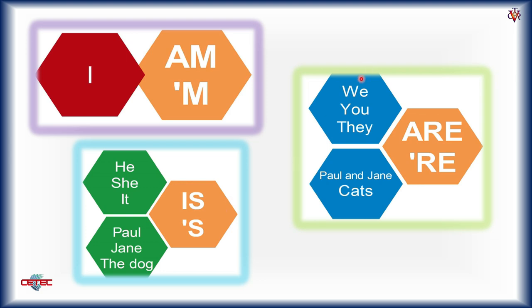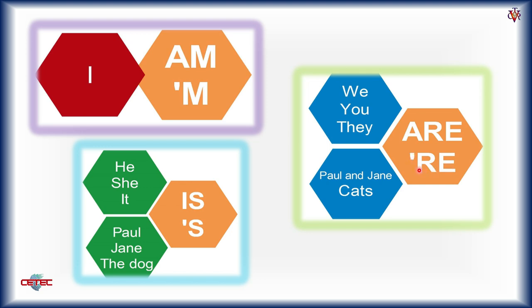We, that means you are included. Paul and Jane, and me, we are. You, plural, you are. They are. And here, for example, cats, it's plural. Now, in plural, they have to use are.